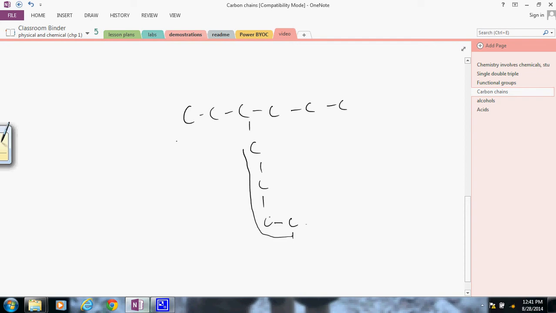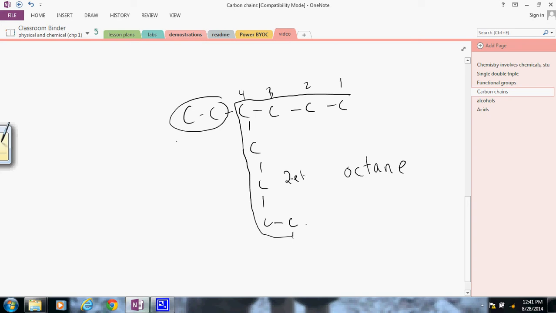That's my longest, so this is actually a unique looking octane. Then I count from the shortest end, which is 1, 2, 3, and 4. On the fourth carbon, I have another little 2 carbon group off of this. So I go 4-ethyl, dash there, 4-ethyloctane.